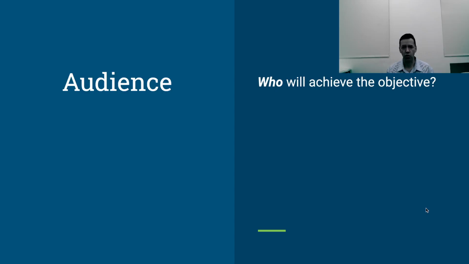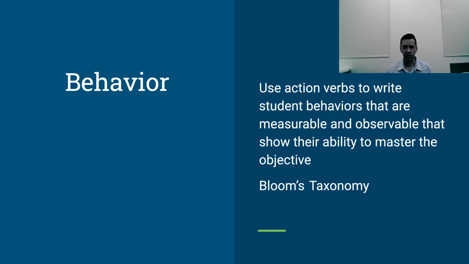So audience: who will achieve the objective? Obviously, in your case, that will be the students. Behavior: use action verbs to write student behaviors that are measurable and observable, that show their ability to master the objective. So again, if you use the word learn, students will learn something.